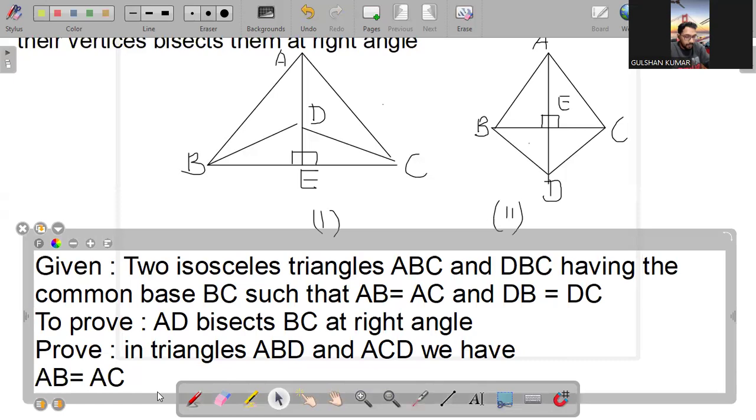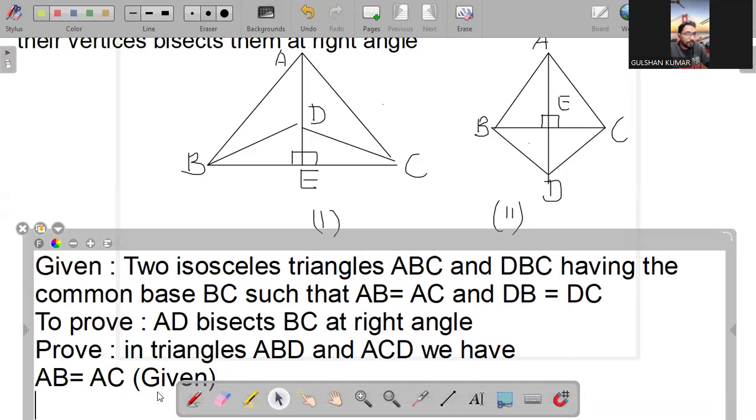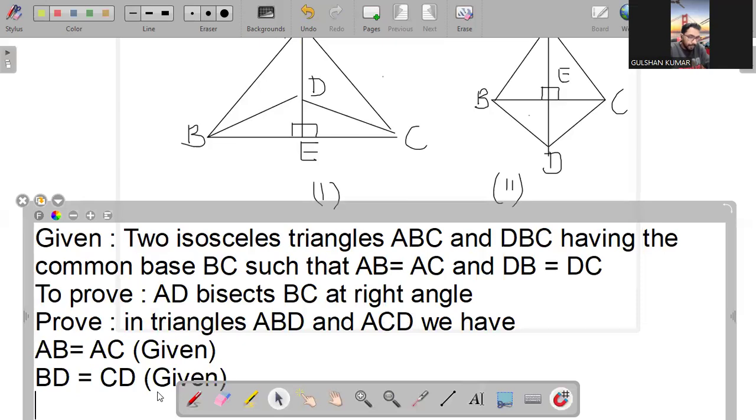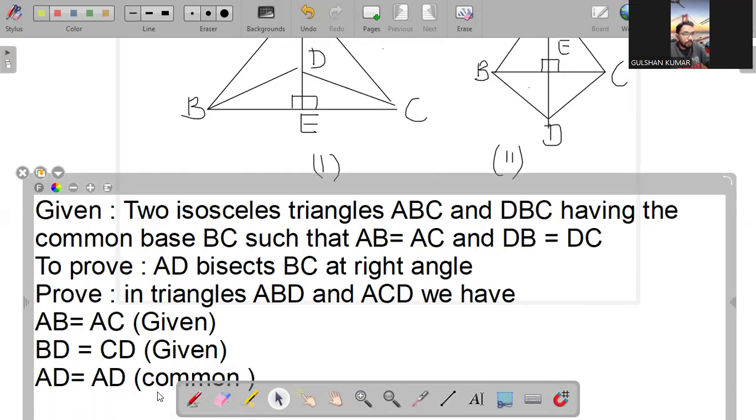AB equals AC is given. And BD equals CD, that is also given, as it is an isosceles triangle, and AD equals AD as it is the common side.